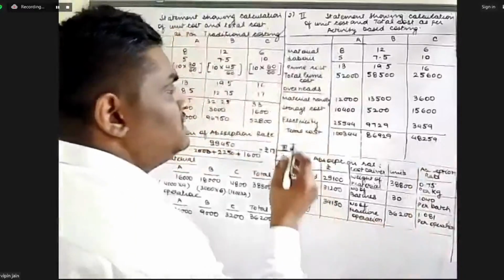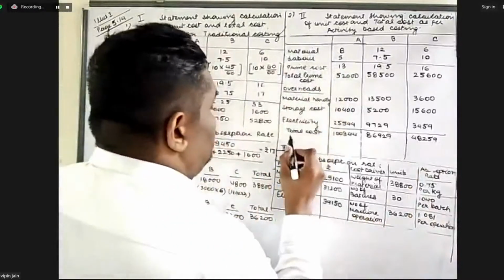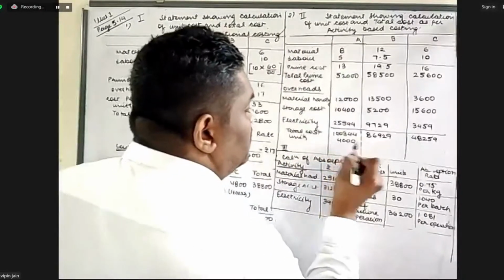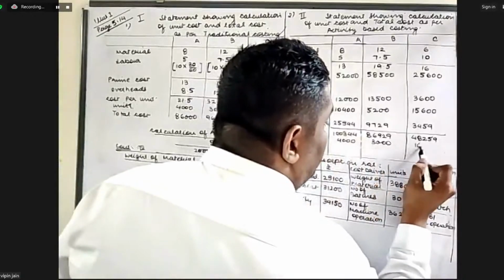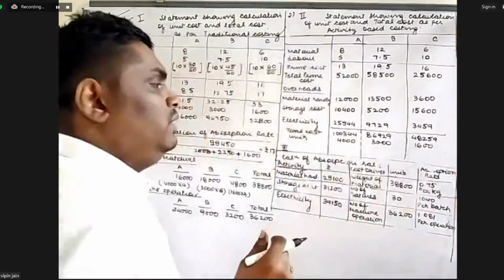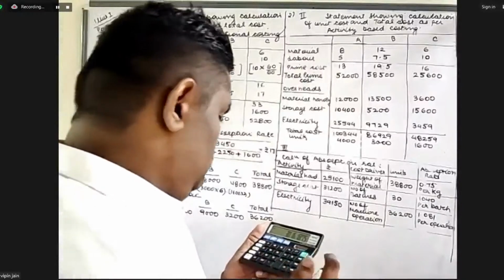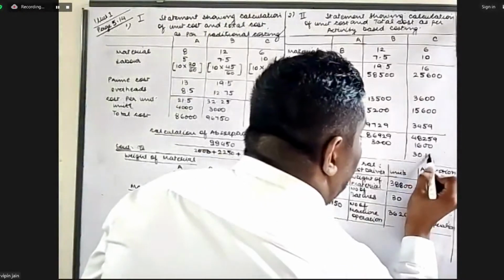We have got the total cost. If we divide it by the number of units, that is 4,000, 3,000, and 1,600, we can calculate the cost per unit. So this will be 30.16.